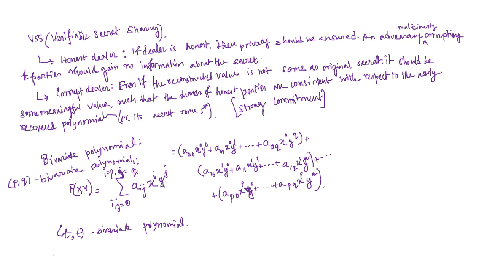Now for t out of n verifiable secret sharing scheme, our polynomial will be a bivariate polynomial, and it will have degree t for both variable x and variable y. So if we write that f(x,y), in case of a bivariate polynomial, it runs from i,j equal to 0 till i,j equal to t of a_ij x to the power i y to the power j. That's it.